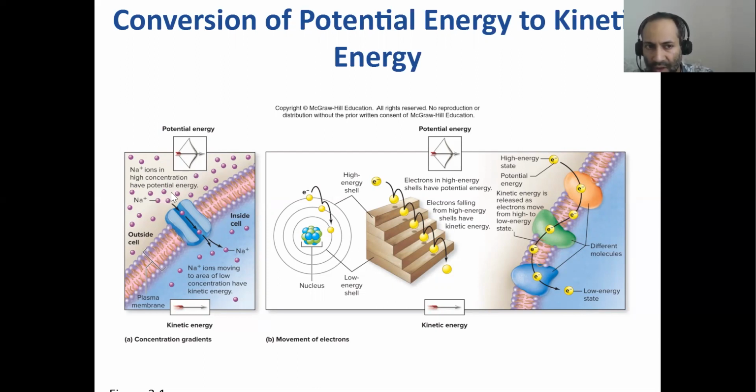And as soon as this channel opens, the sodium ions start moving into the cell. And this is passive movement, by the way. This is called passive motion because you did not have to give any extra energy to the sodium ions here. They're already pent up, so many of them waiting to crash the gates, if you will, to get inside. So as soon as the channel opens up, they start moving in, and so potential energy turns into kinetic energy.